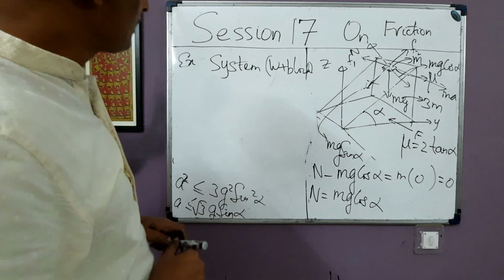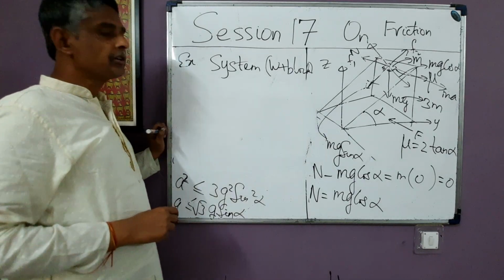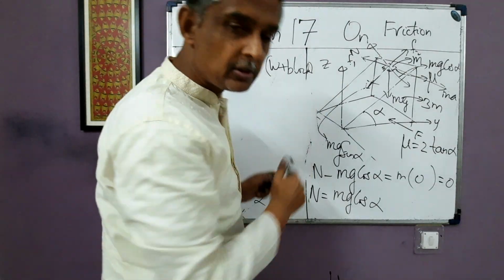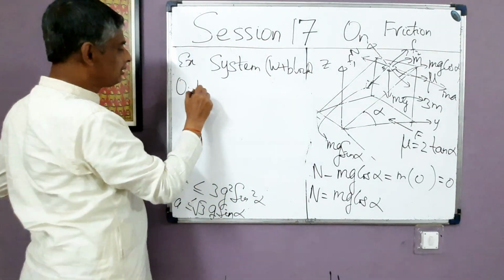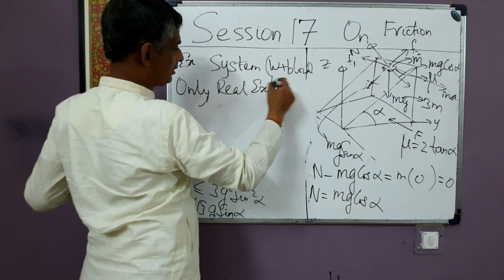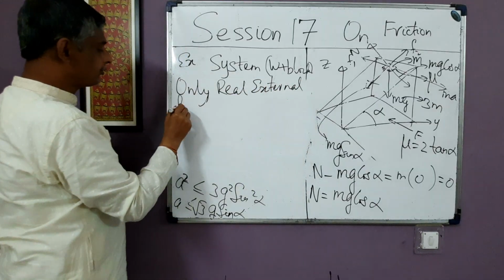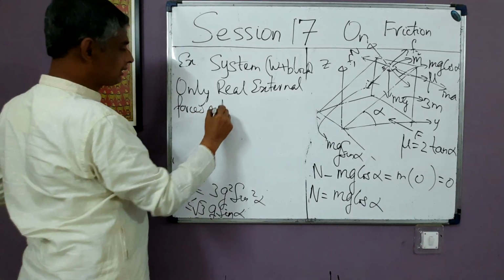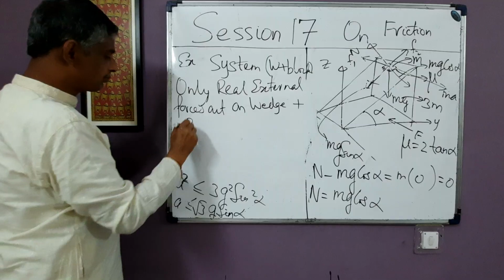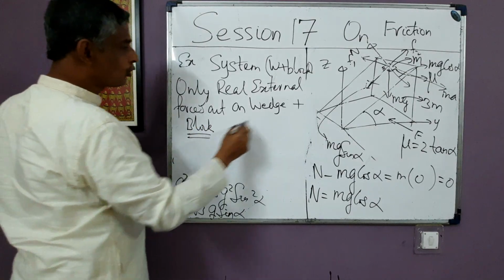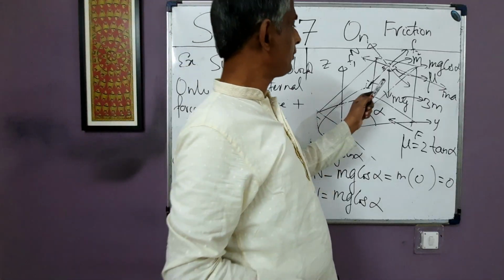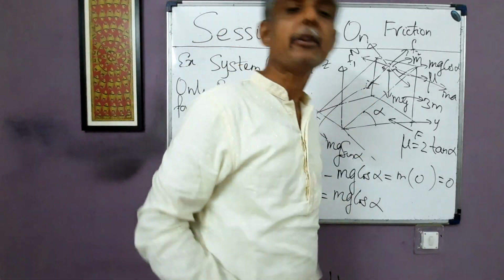Now, when you write the combined equation, we write it with respect to ground, so only real external forces act on the system of wedge plus block. Now to know what are the external forces and what are the internal forces, I'll write down the real forces acting on block and wedge separately.